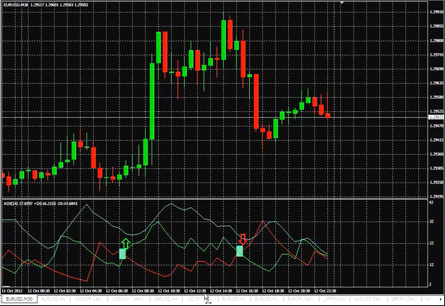So I can have a visualization of the price momentum. What average directional index shows is not exactly the direction of the price action, but it shows the strength of the move. It shows the momentum, how strongly the price moves.